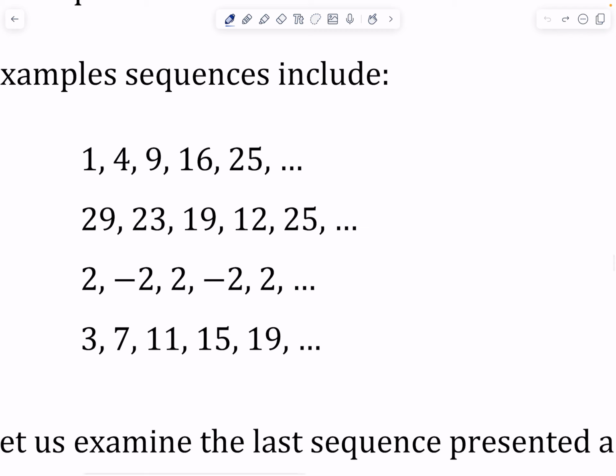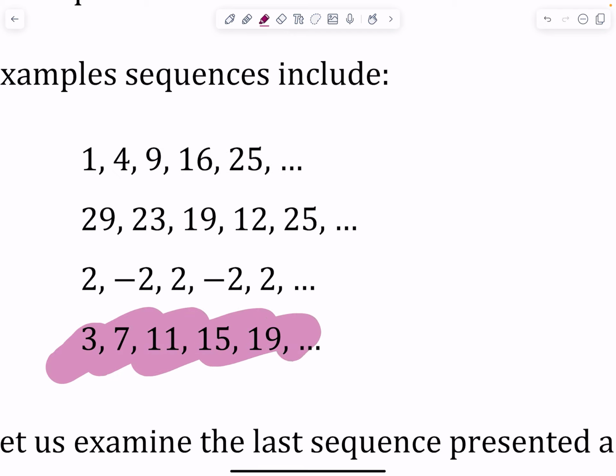And these sequences could have patterns in them, or they might not have patterns in them. Like this first sequence seems to just be all square numbers. So the next term might be like 36. And this bottom sequence, everything seems to be going up by the same amount, so that's kind of neat.